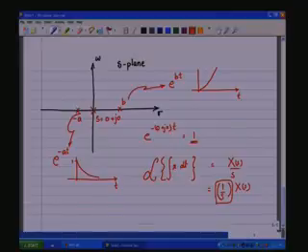The roots of the denominator are poles, and the roots of the numerator of any function of s are the zeros. Of course, here the numerator is just 1, and the denominator has an s value there, and therefore it can be 0.